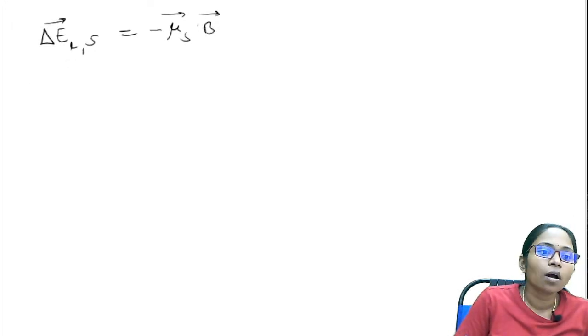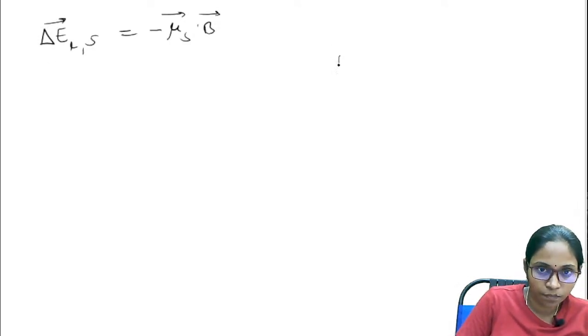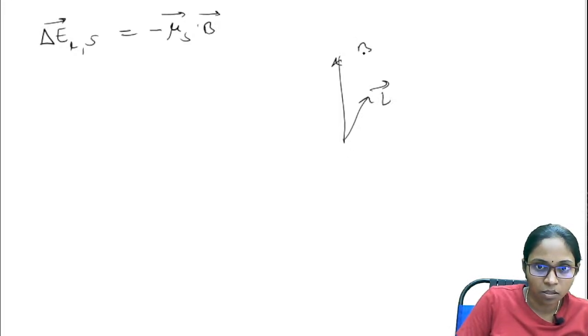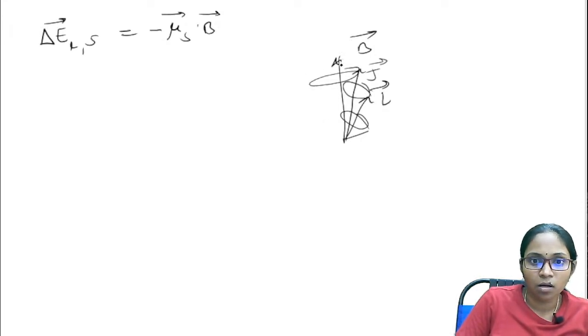There is a change in energy just because here we are having the magnetic field, and if this is L bar, this is the weaker internal magnetic field, L bar orientation, S bar orientation, and this will be the J bar orientation about this magnetic field.